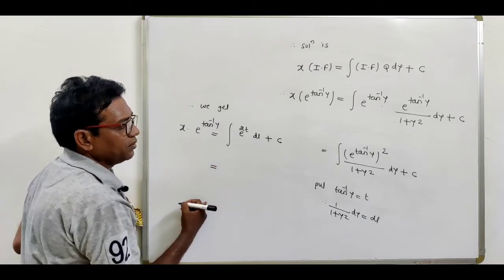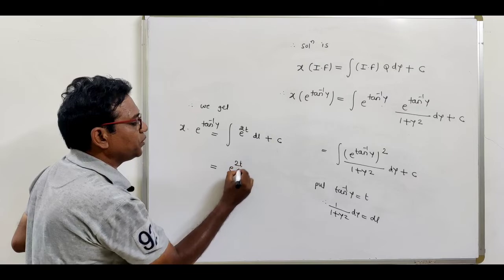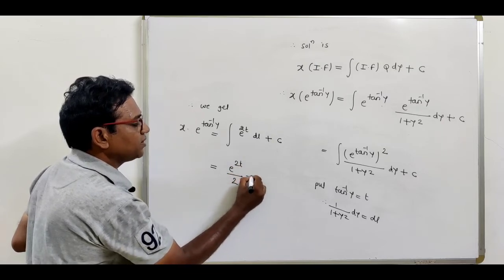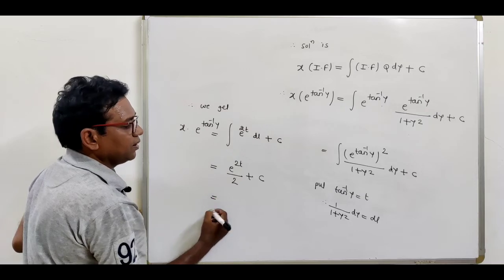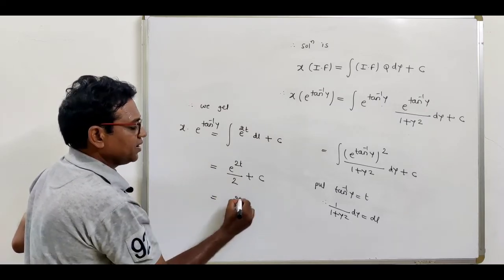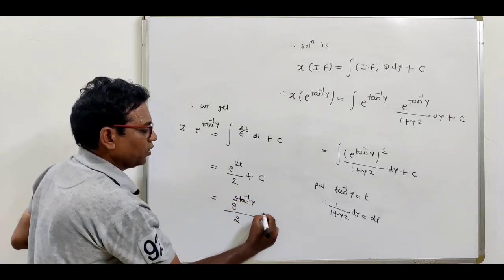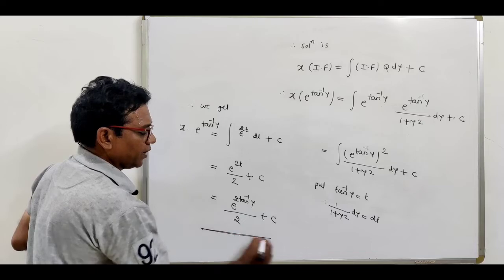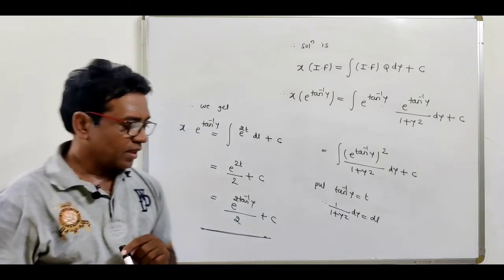So this is equal to, now integration of the exponential term is the same, e raised to 2t divided by the constant term, which is 2. Now finally replace t. So this is e raised to 2 tan inverse y divided by 2 plus constant of integration. So this is our required general solution.